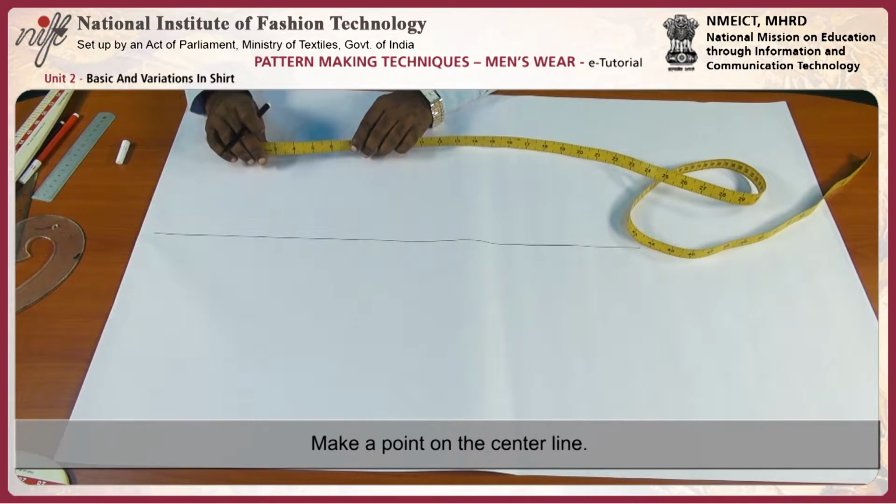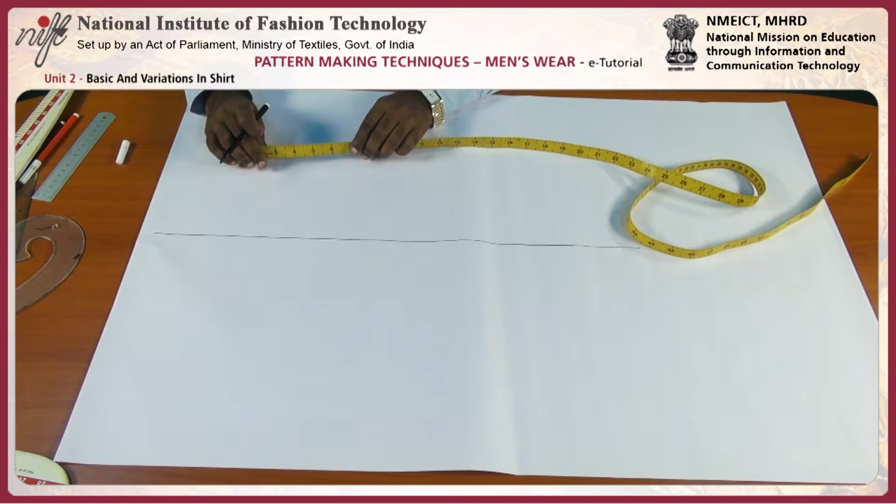Front sleeve. Make a point A on the center line and draw a perpendicular line from point A and mark point B after measuring the length using the formula half armhole circumference minus 3 centimeter.